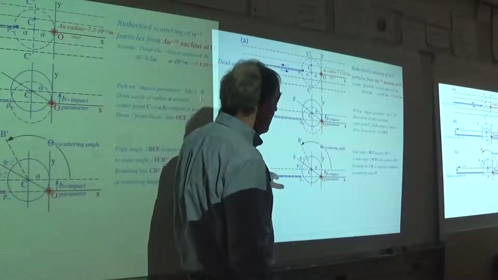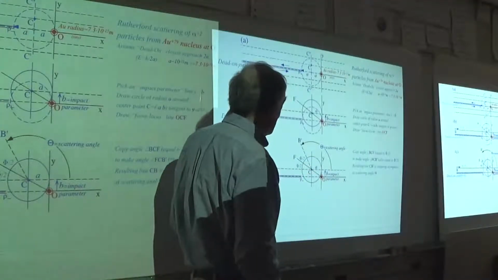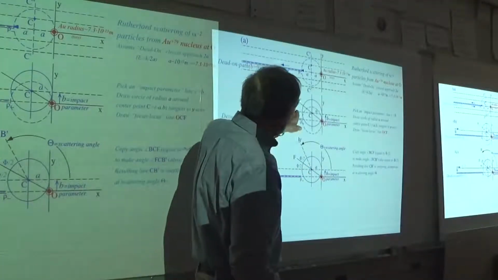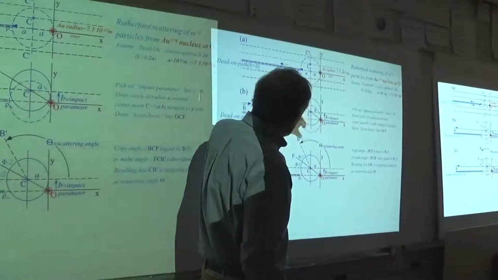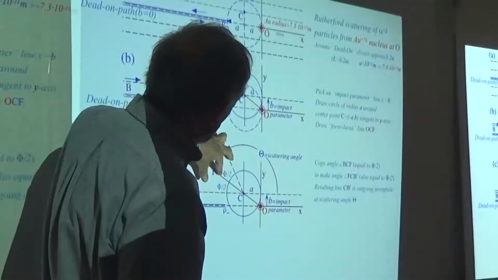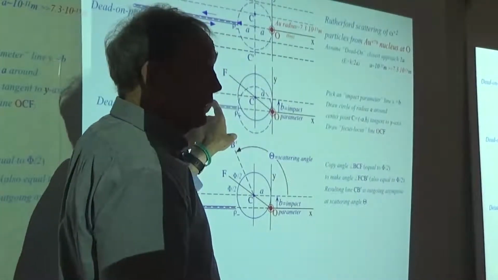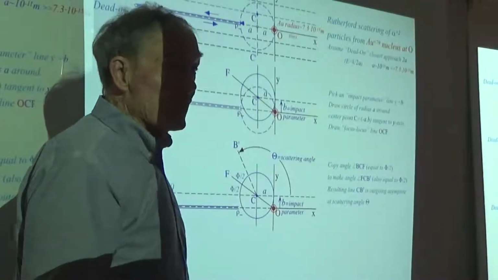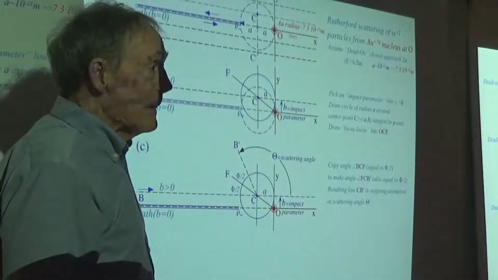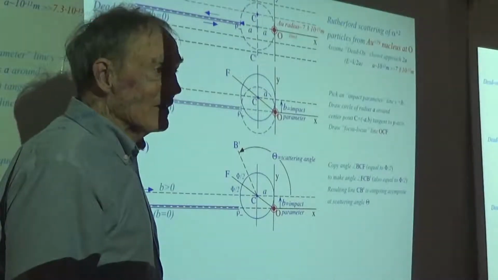And then the next step is to just copy the angle between the line, draw this line, and then copy that angle to there. And bingo, you found this direction this thing is going to scatter out on. It's that simple. Is that more or less clear?